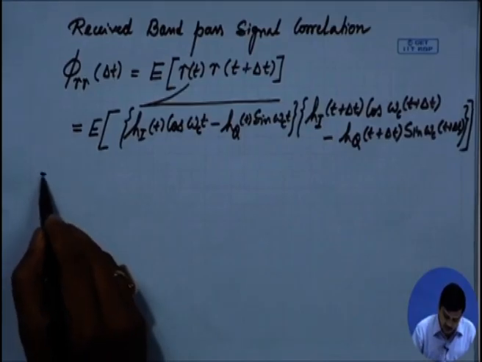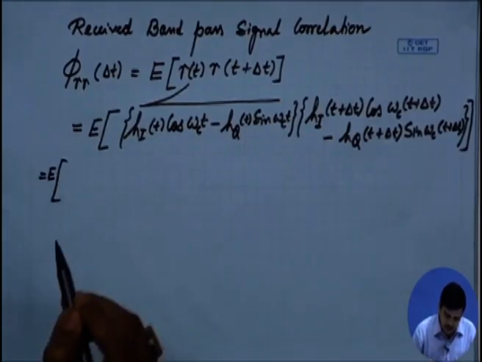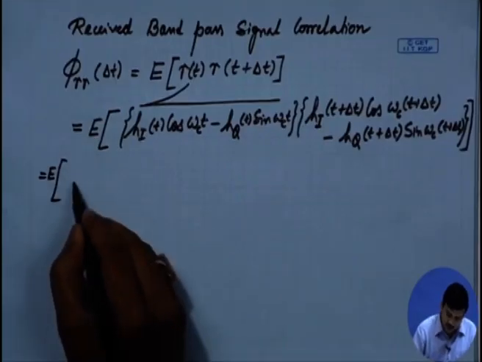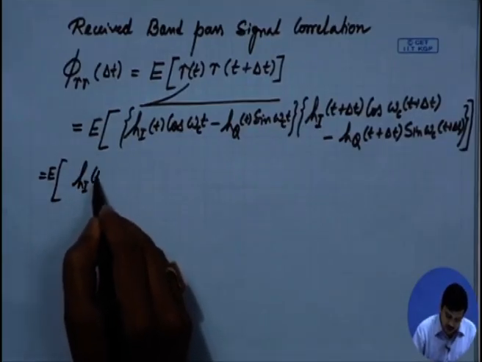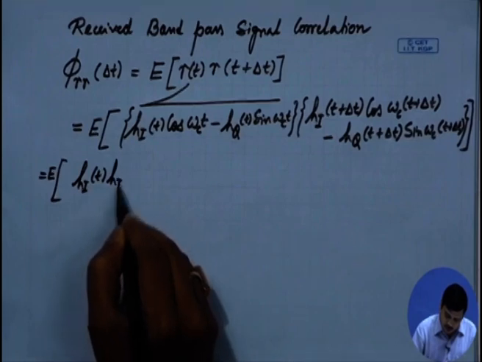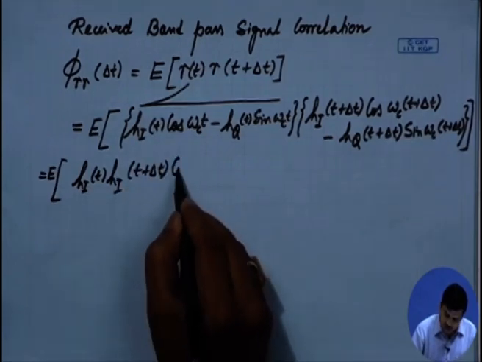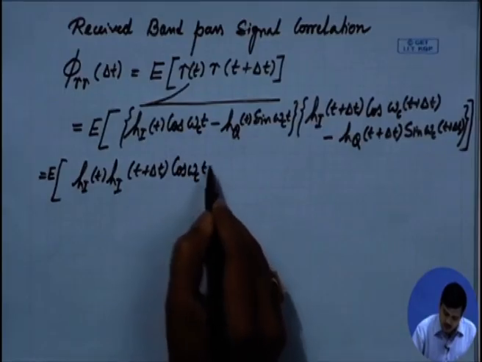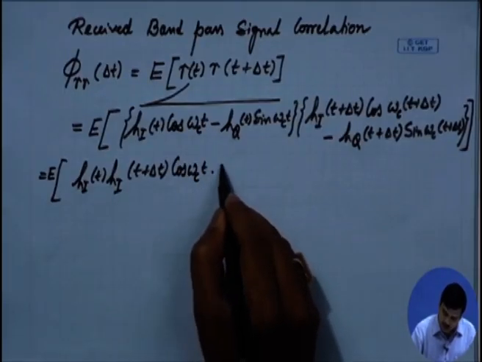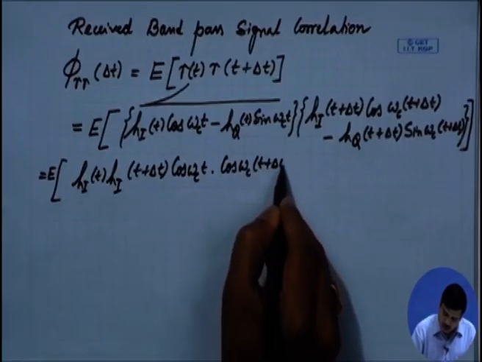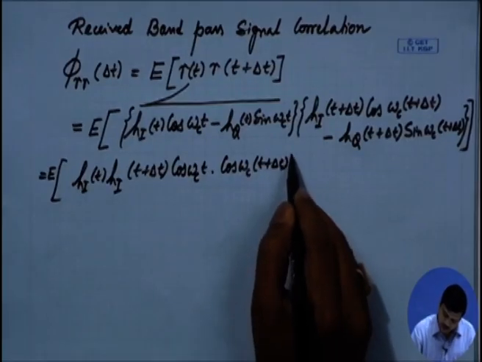So if we would expand this expression, we still have the E operator. E is the expectation operator, which we keep outside. We have h I of t times h I of t plus delta t, cos of omega c t times cos omega c t plus delta t.